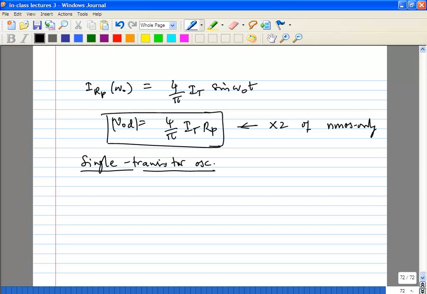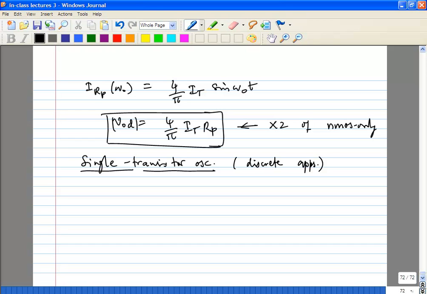So let's look at single transistor oscillators. These are usually used in discrete applications, if you are building a discrete oscillator rather than an integrated circuit oscillator. The main idea is you want to choose a lower number of transistors so that you have lower noise and so on.